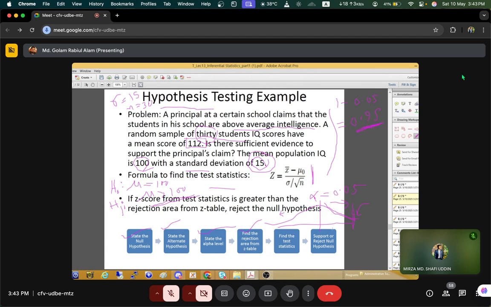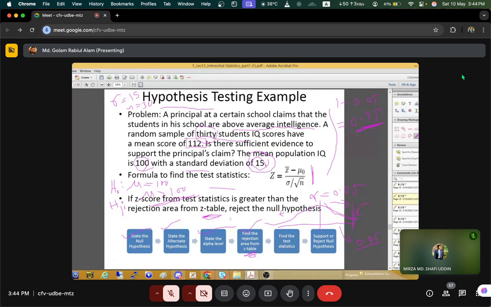So it will be 0.95 here. That is the acceptance zone. So we need to find out this value in the Z table, to find the rejection area. That means we have to find the Z critical value, and beyond that will be our rejection zone.